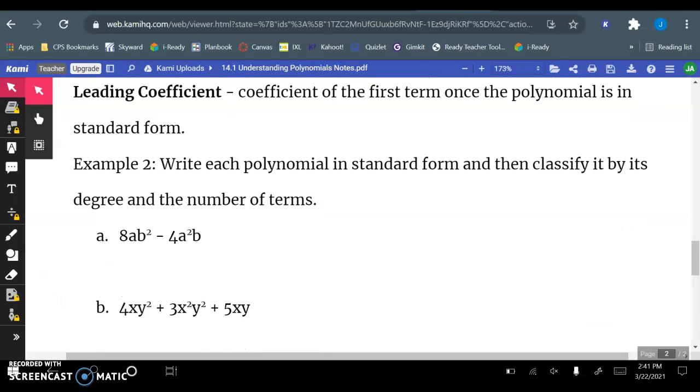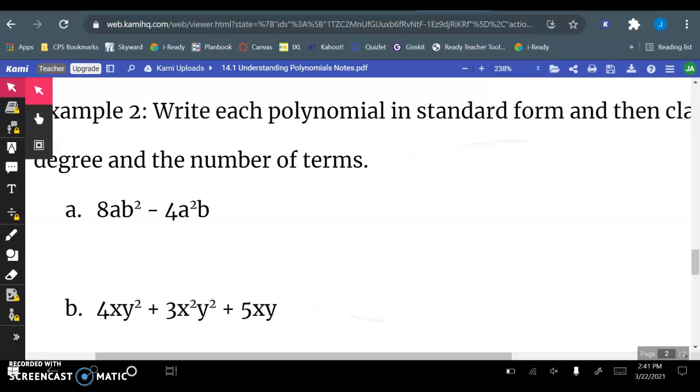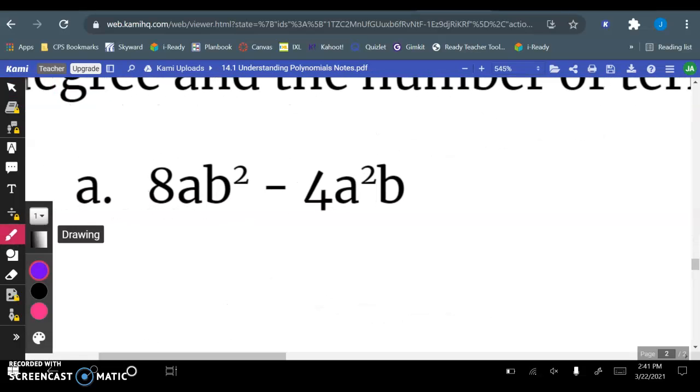So for example 2, we have to write it in standard form and then classify it by its degree and number of terms. So what I mean by the degree here, this one has two terms. Right now I have a and b squared for variables in the first term. That a doesn't have an exponent, so it's really a 1. So we add those together.